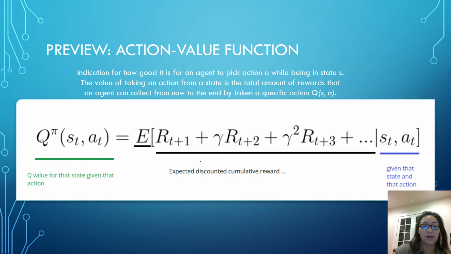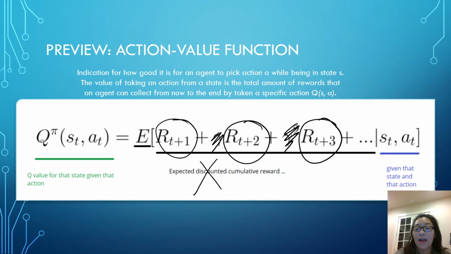So let's ignore discounted for now. We'll talk about the discount rate later and see that the Q value, or the action value function, is in some ways the summation of the rewards at each step until the agent reaches the terminal state.